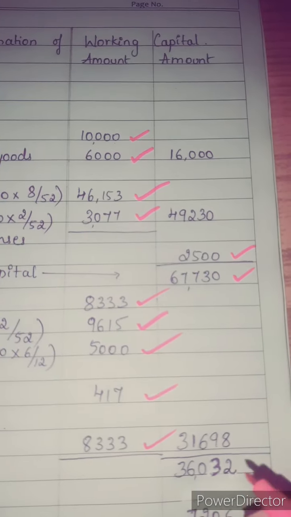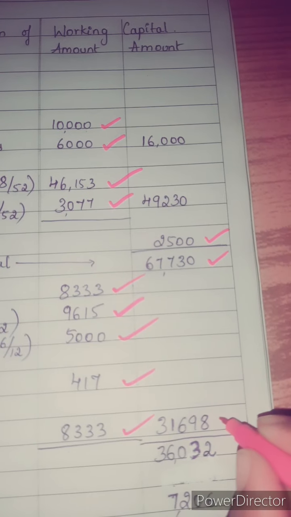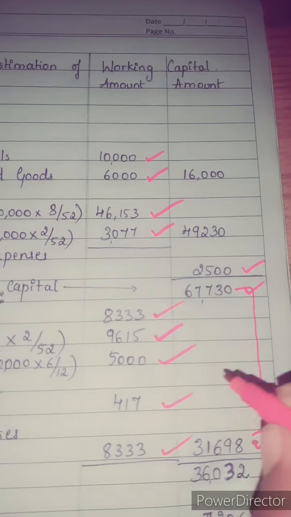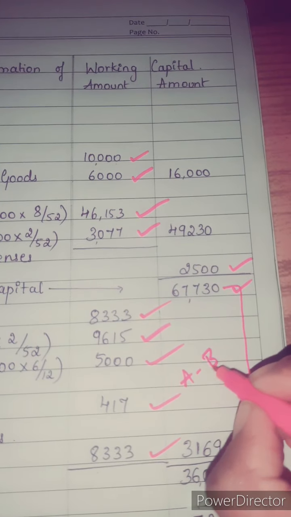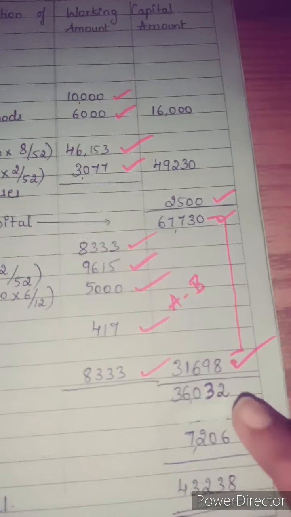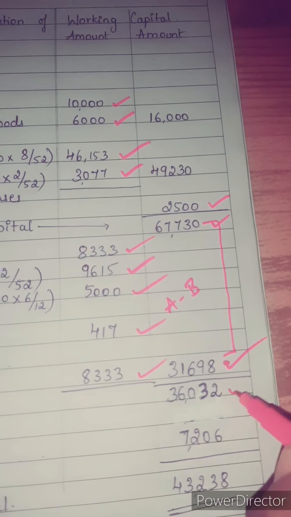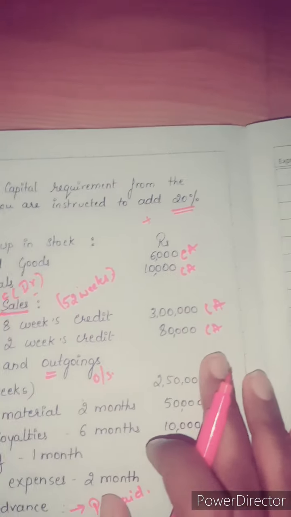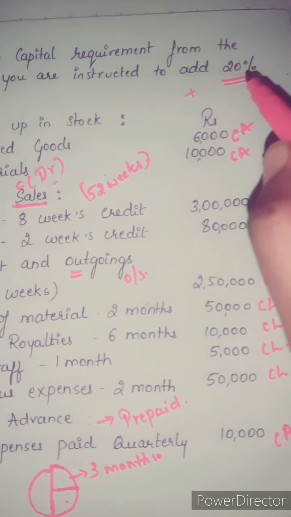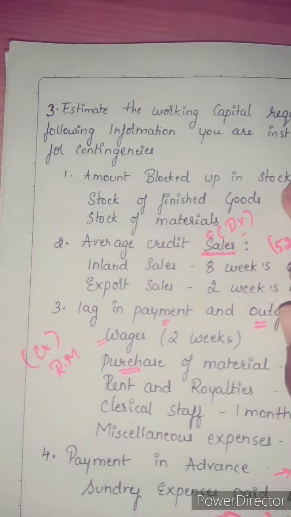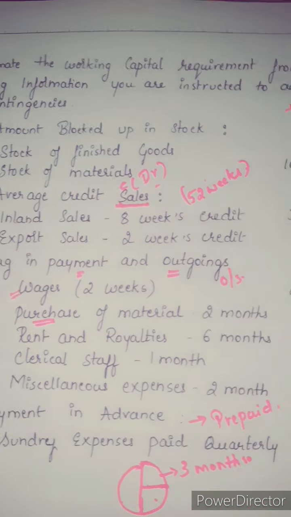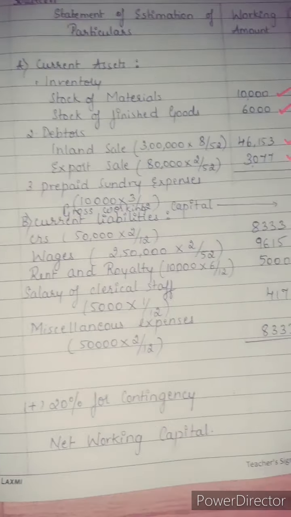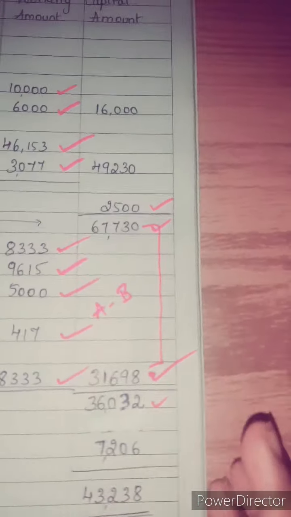So the total of current liabilities is 31,698. Current assets minus current liabilities, A minus B, is equal to 36,032. In the beginning they said to add 20% for contingency.